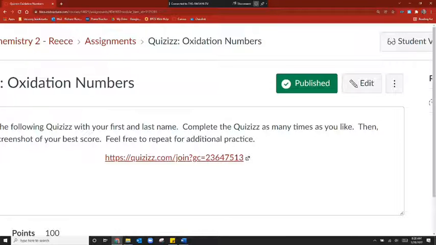So it's called Quizzes, Oxidation Numbers. There's the link to it. Or if you just go to the quizzes, you can use that code to get into it. Sign in with your name, and then you will take a screenshot when you get the score you want.